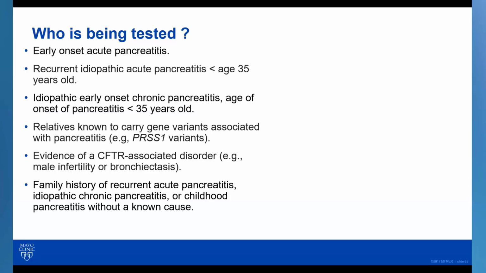Family history of chronic or acute pancreatitis or idiopathic chronic pancreatitis can be considered, but I would typically consider that if I have a patient who presents to me with pancreatitis themselves, not everyone.